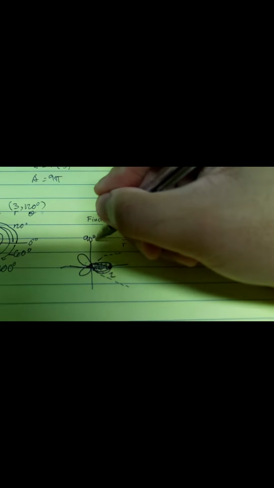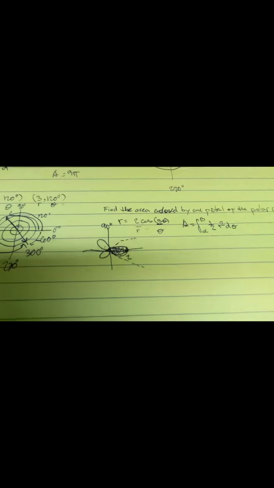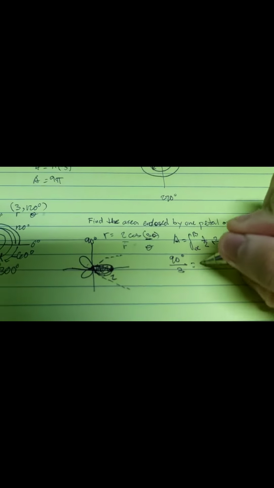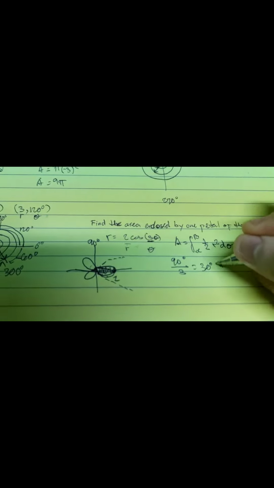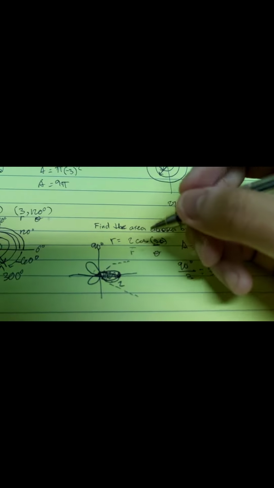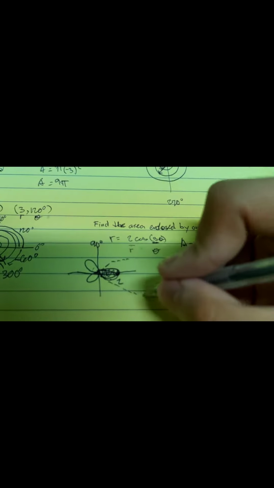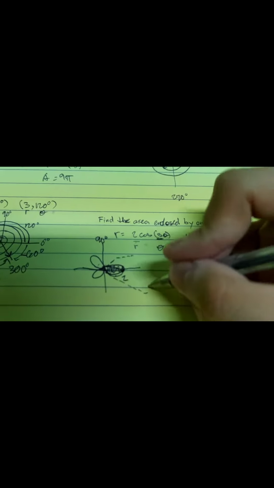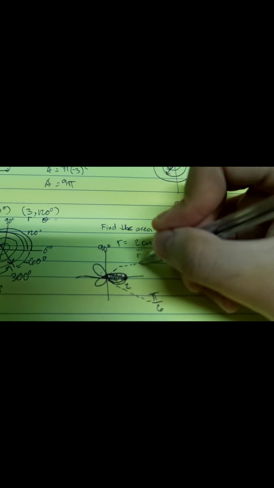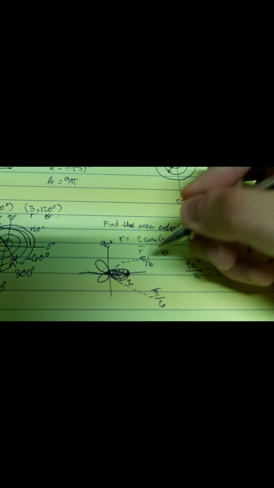Do you remember that this one is just 90 degrees? So we can solve this: 90 degrees divided by 3 is 30 degrees, or pi over 6. So the equivalent of our two angles will be negative pi over 6 at the downward side, and at the top positive pi over 6.